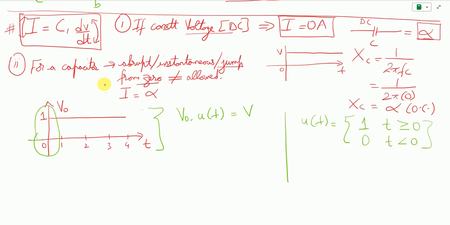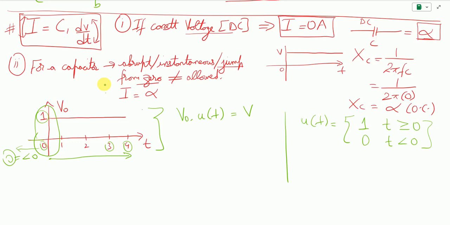If you look at the figure, at 0 or greater than 0 on the time axis, your value is 1, and if you move on the time axis to less than 0, you will see that the value is 0. This is what the unit step function is saying.